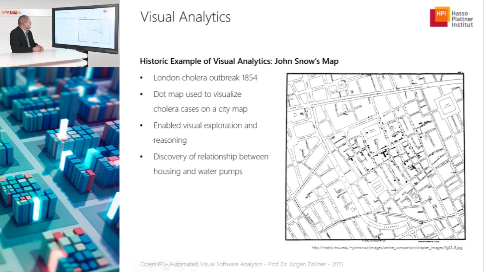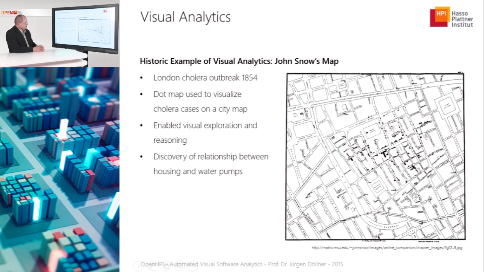He used a dot map to visualize the cases on a city map. He marked each case by a bar. The number of cases have been mapped as little bars. And this way he could visually explore, using this map, the reasons he was looking for, the cause and effect relationships at that time.